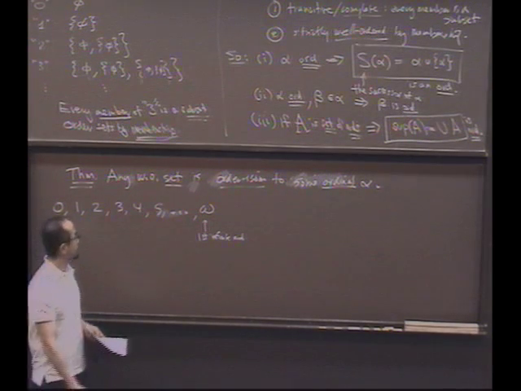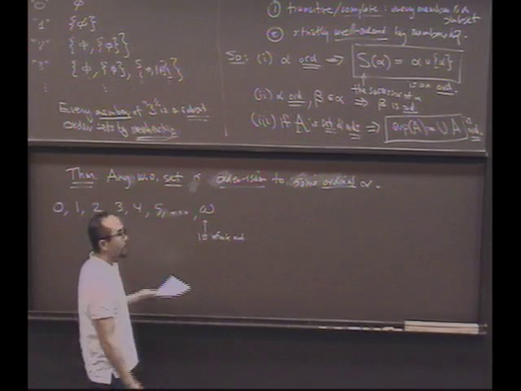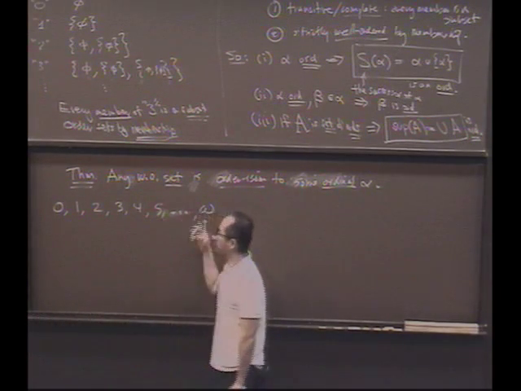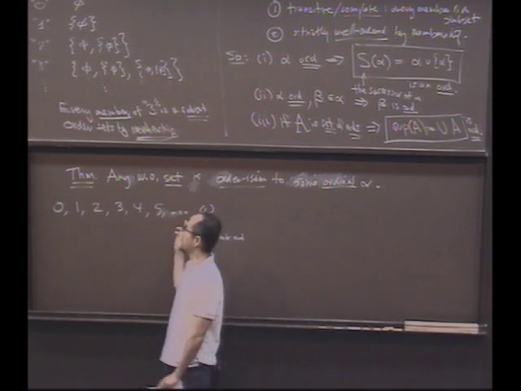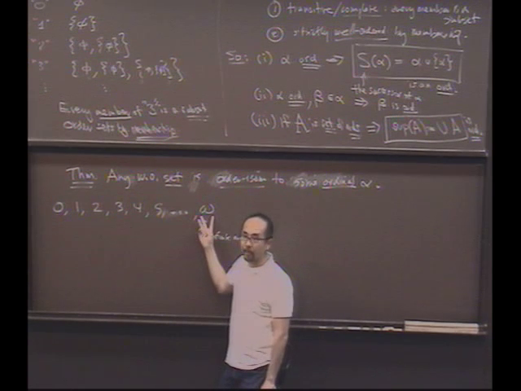Okay? It's not finite, and every element in it can be put in bijection with the natural numbers. The other thing I want you to notice is it's the first example, except for 0, of something that's not a successor of anything.